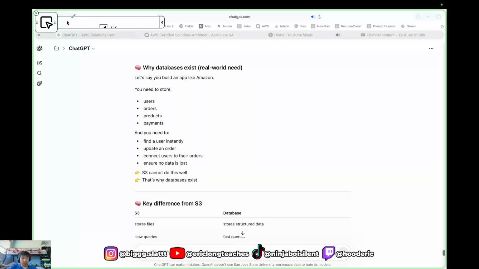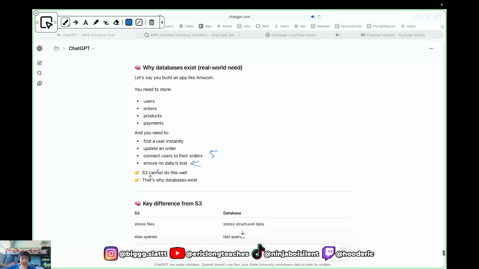So we need to find a user, instantly update an order, connect users to their orders, and ensure that no data is lost.